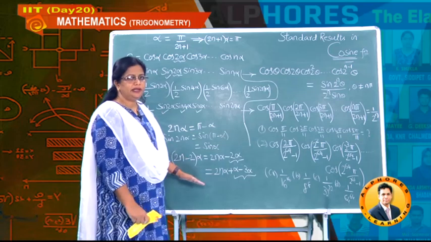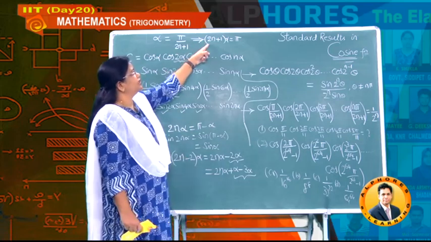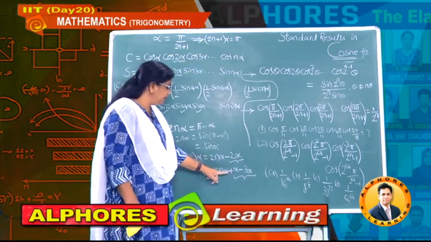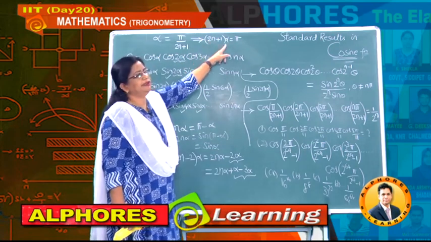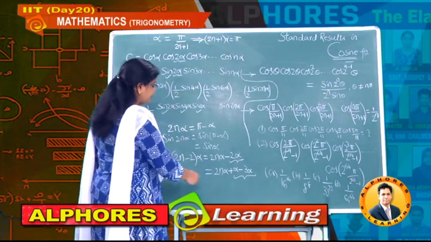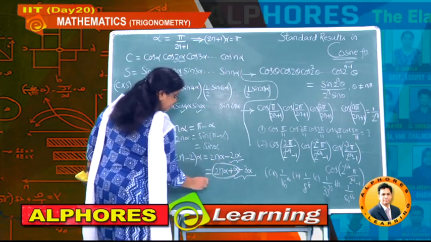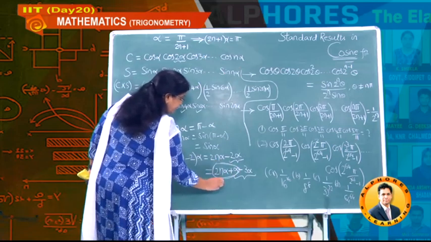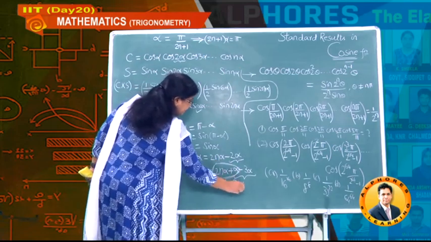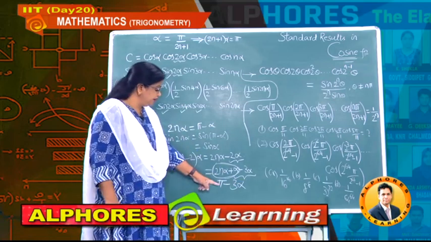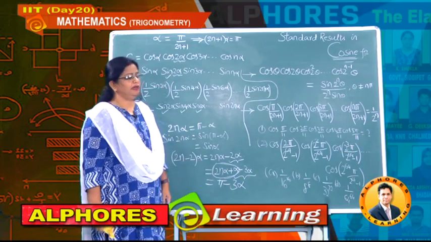What is the intention? I want to write the value as pi. So here 2n alpha plus alpha is nothing but pi. Therefore this entire value, let us write now, students: pi minus 3 alpha. Now you take the sine function, then it will become sine 3 alpha.